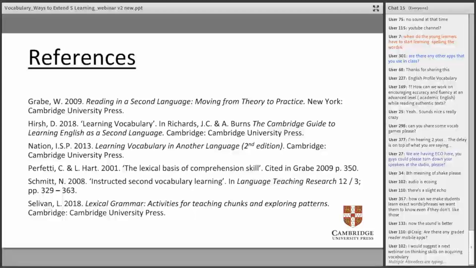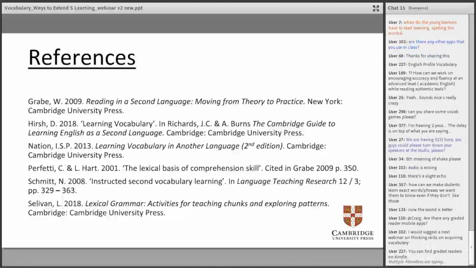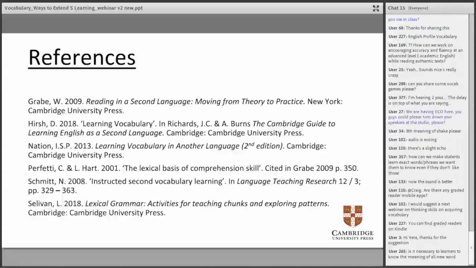But I see games as being about practicing vocabulary rather than the pre-teaching, because in the pre-teaching the aim really is to convey the meaning as efficiently as possible, but also to focus on the pronunciation and spelling and things like that.